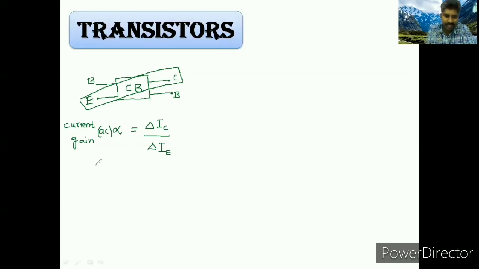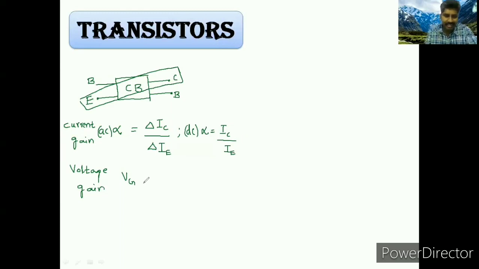Next, based on this, we can write voltage gain. In DC also, alpha is equal to collector current by emitter current.